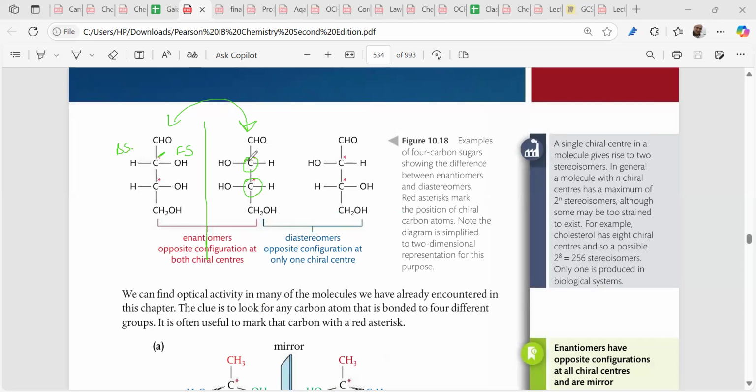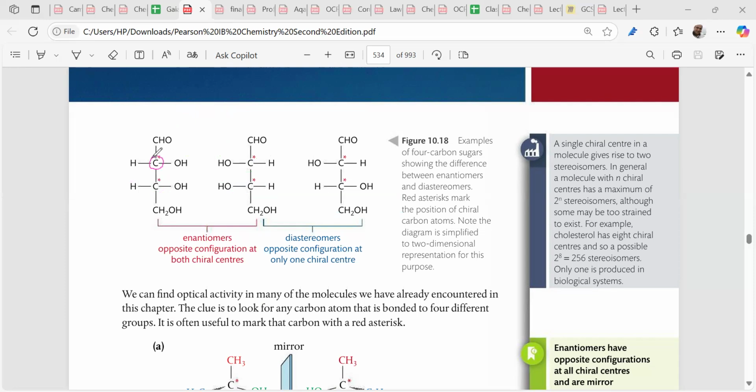Now this carbon has what in the back side, this front side. Is it opposite configuration? Yes. Now check this carbon. This has front side, back side, and this is back side, front side. So it has opposite configuration at each and every chiral center. Clear? Chiral center clear.